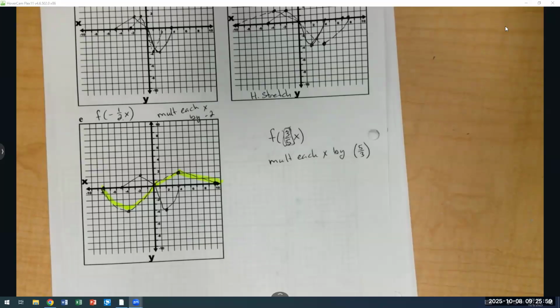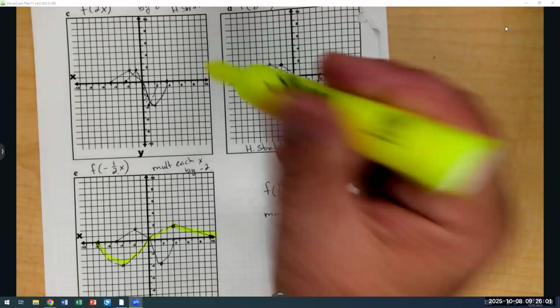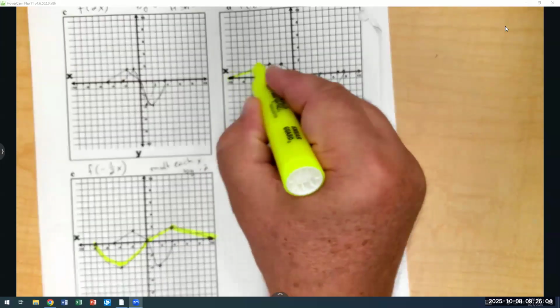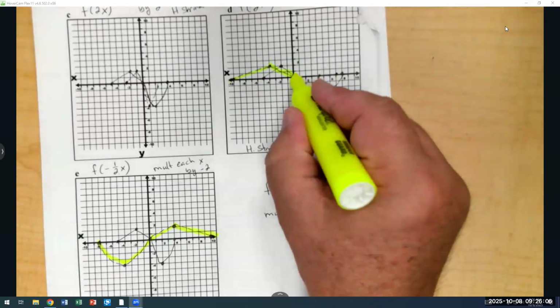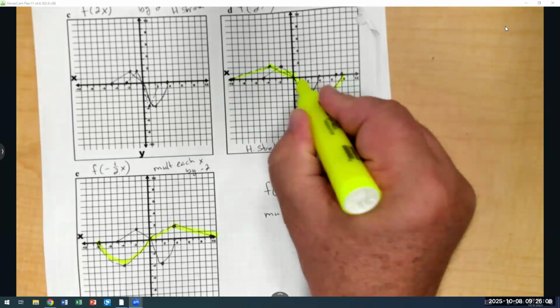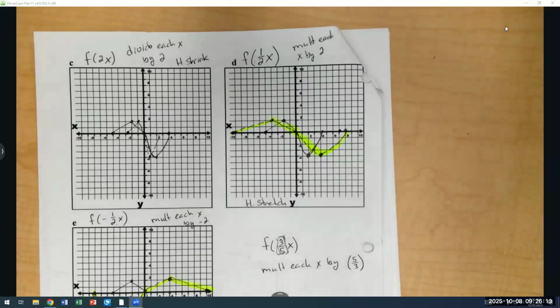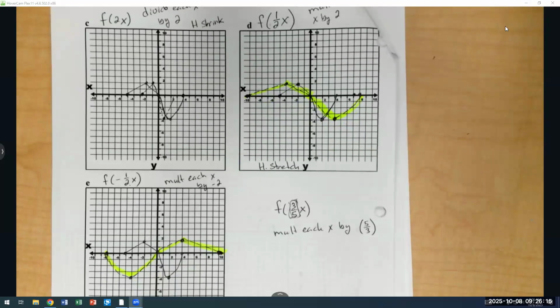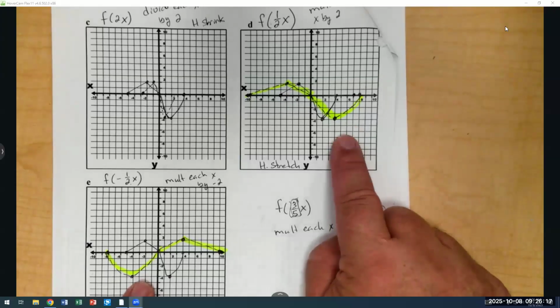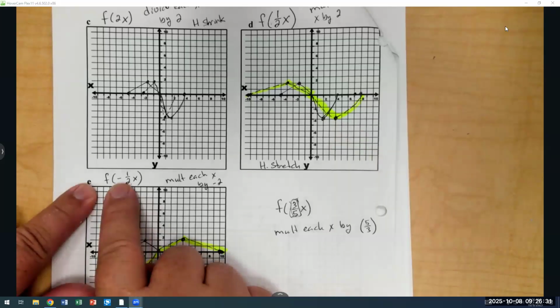Okay, so this one up here was this new graph here. So if you notice both of these graphs, what's different about them? Remember, what happened when you have a negative in front of your x?